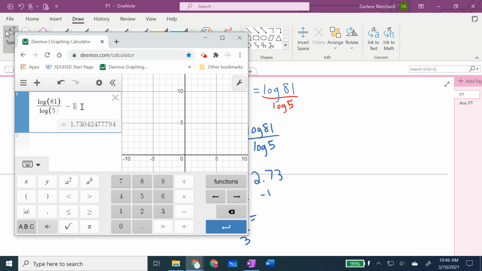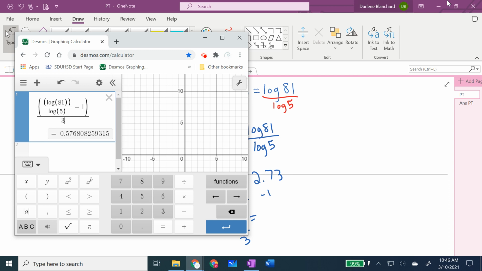Subtract 1. But I need to do a really big parentheses here. Let's see, there we go. And then you get the answer. Okay.